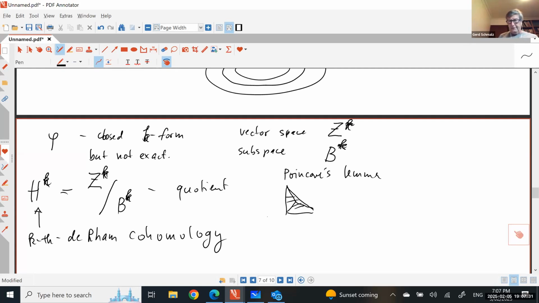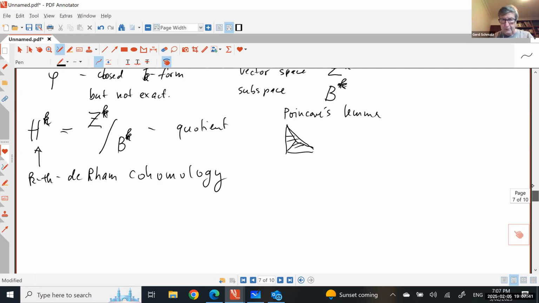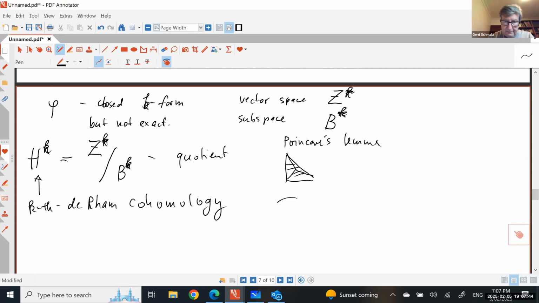And if we have some space, some manifold which is more complicated, for instance, a disk with a hole, then we have found a form, which, if we integrate over a cycle here, the integral of this, say, is not 0 but 2 pi, something like this.